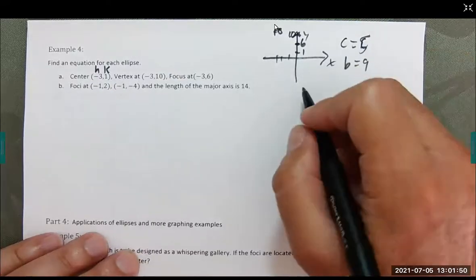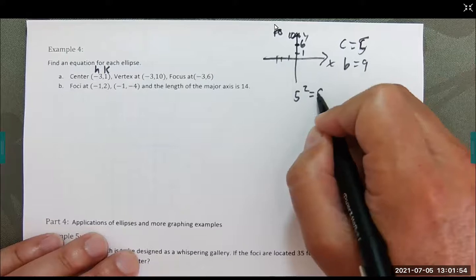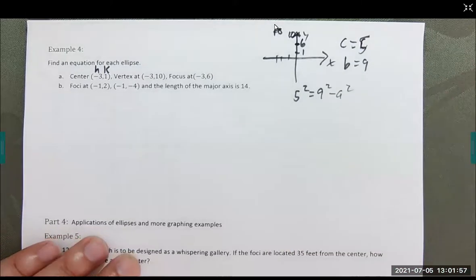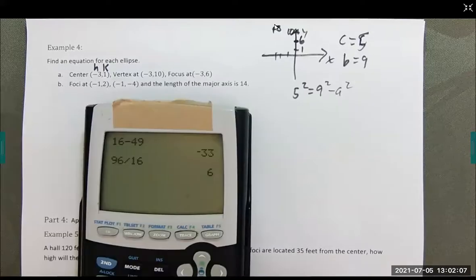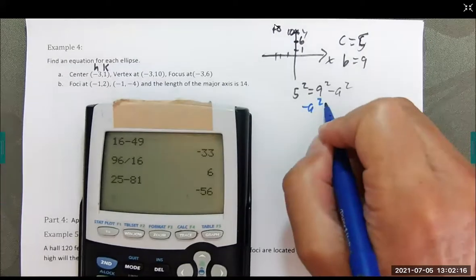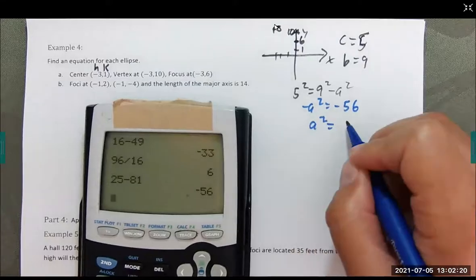So we get 5 squared equals 9 squared minus A squared. So what we're getting is 25 equals 81 minus A squared. So negative A squared equals negative 56, which means A squared equals 56.